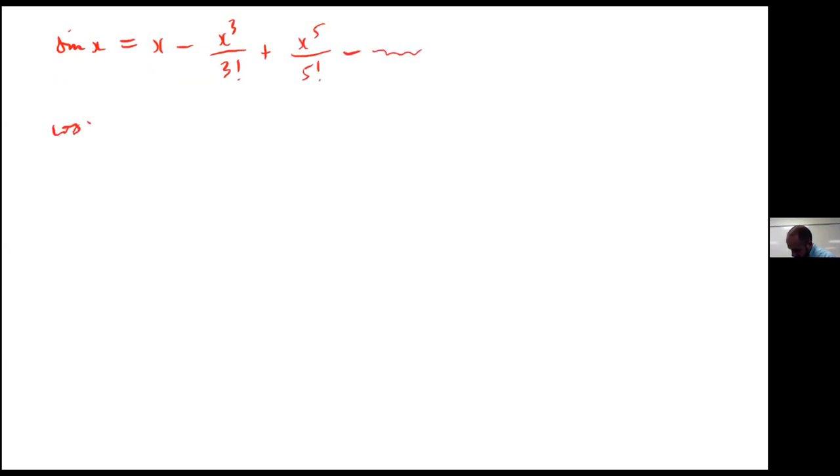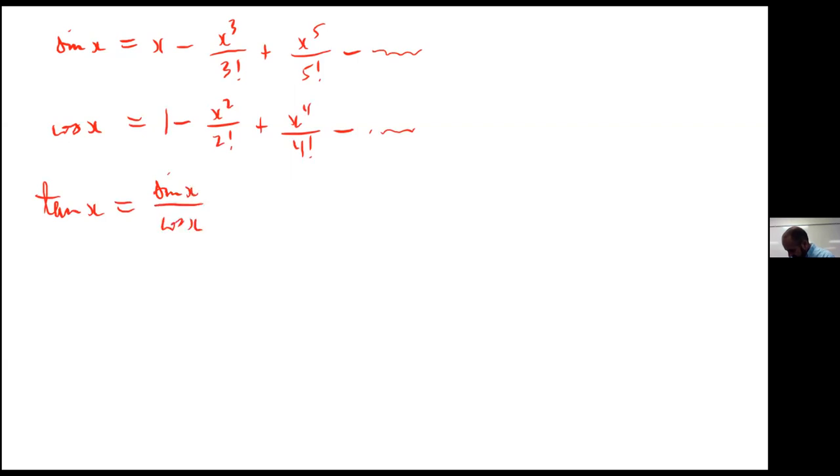I think that was the one that you were just saying, Drake, right? Cosine, that was 1 minus x squared over 2 factorial plus x to the 4th over 4 factorial minus etc. So hey, what's tangent? Yeah, it's sine over cosine.